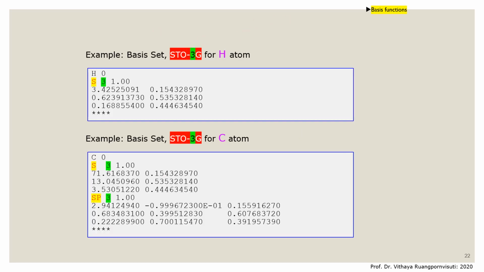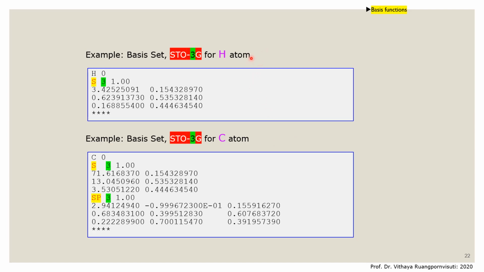The example of a minimal basis set is STO-3G, with the hydrogen atom and carbon atom as the input of the calculation.